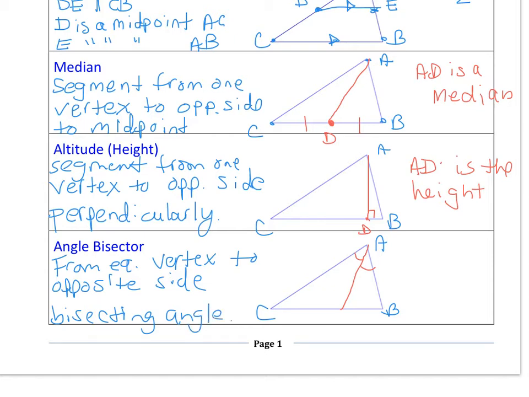That means two equal halves. So my sketch is not great, but when we bisect that angle, it comes down, it's not hitting this midpoint like we are seeing up here for the median. This angle here, cutting it into, this is a smaller segment than here. So please note that. I'm going to go ahead and call this again D. So here in my example, AD is an angle bisector.